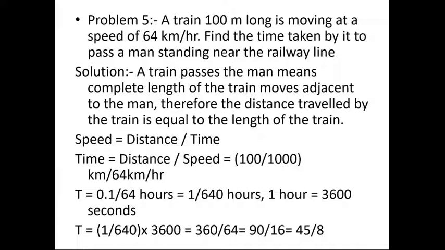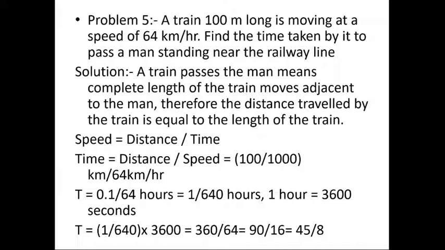So the distance travelled by the train is the length of the train itself. Speed is distance upon time, so time is distance upon speed. Because the length is given in meters, we divide by 1000 and convert it into kilometers.